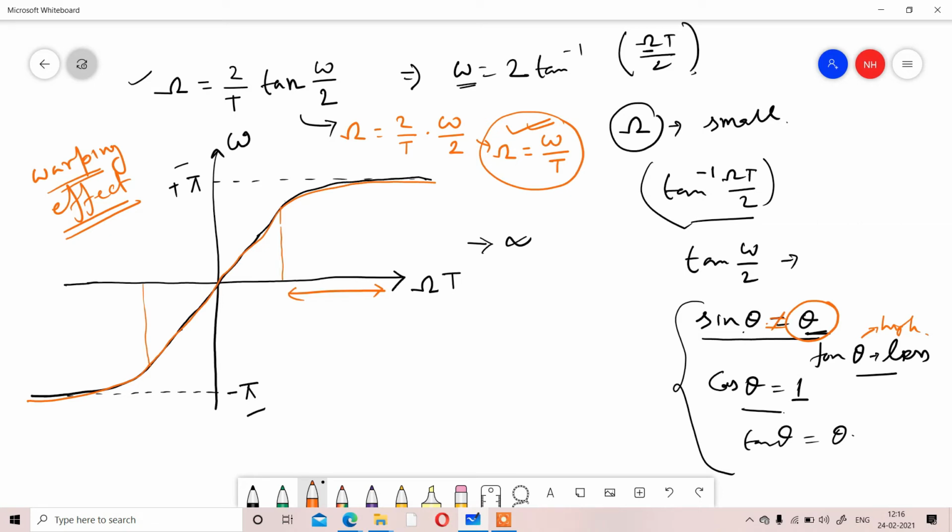So to avoid that warping effect or that non-linearity, you have to use some pre-warping process. What is that pre-warping process? Pre-warping process is like that.